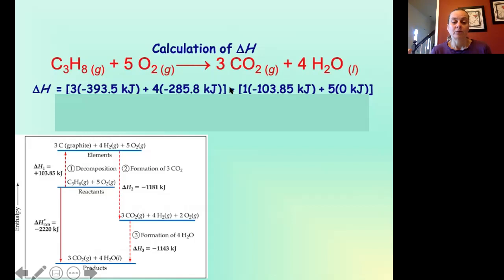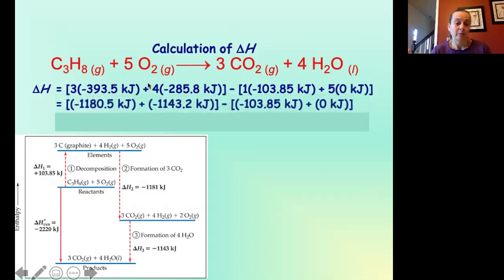And then we're going to subtract the enthalpy of the reactants. There's only 1 mole of propane. So there's the enthalpy of formation of propane, negative 103.85 kilojoules. And then because oxygen is in its elemental form, the enthalpy of formation of anything in its elemental form is just 0. And so we have 5 times 0.